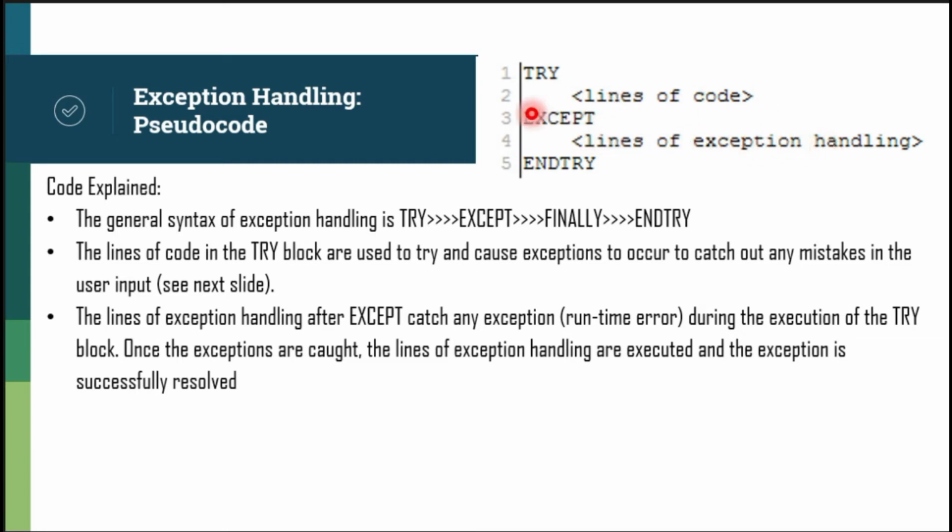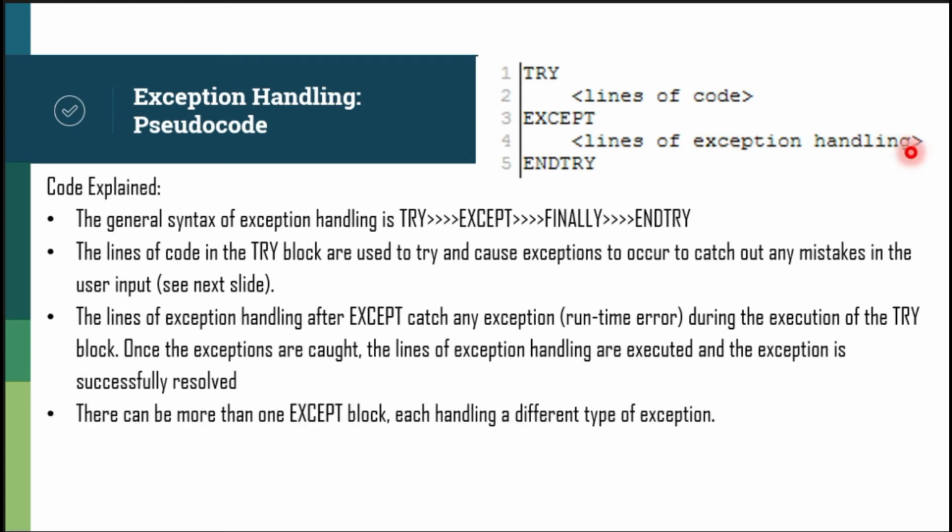The try tries to cause an exception to occur during the running of the code, during the user input, and if an exception occurs, this block is executed to try and resolve it instead of having the program crash.